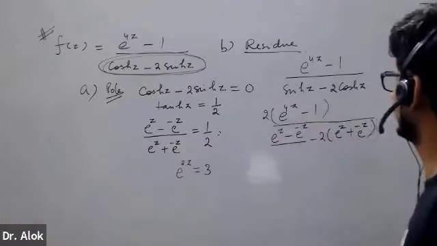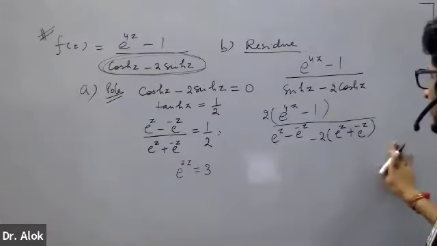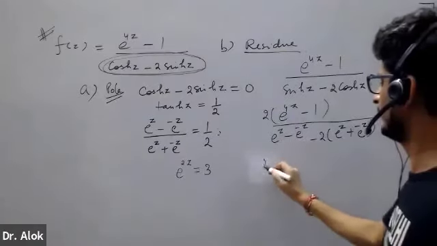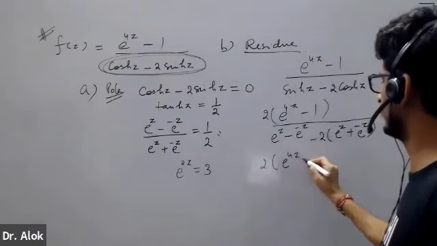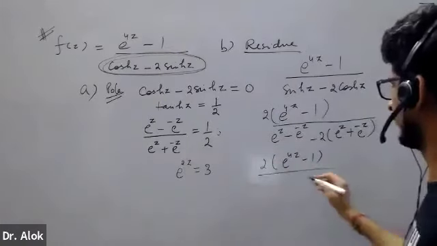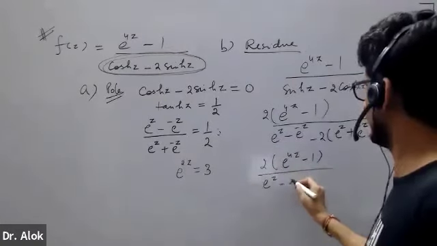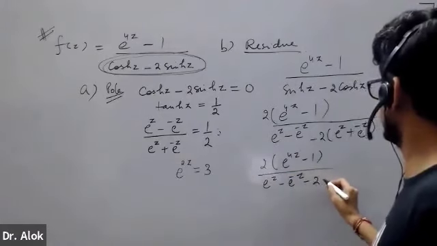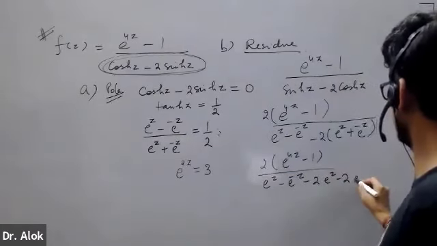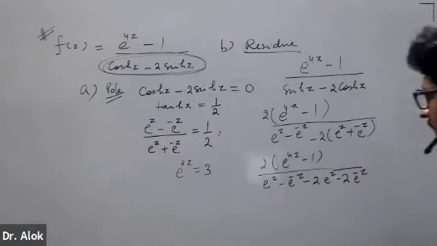Yes? And this will be left like this. So it will become 2 times e to the power 4z minus 1 over e to the power z minus e to the power minus z minus 2 e to the power z minus 2 e to the power minus z. Now tell me what?